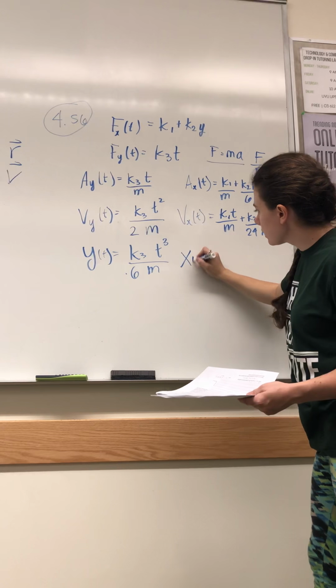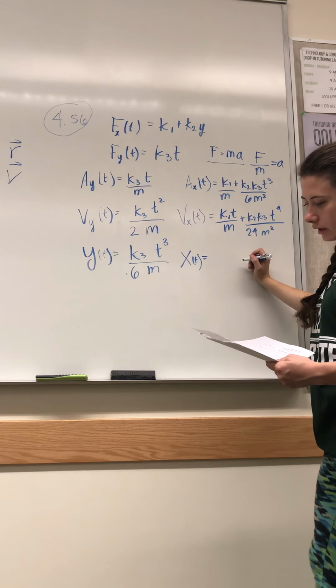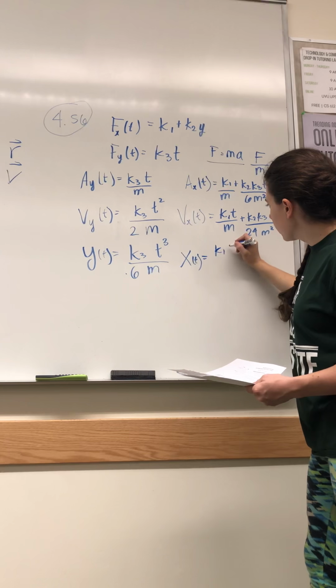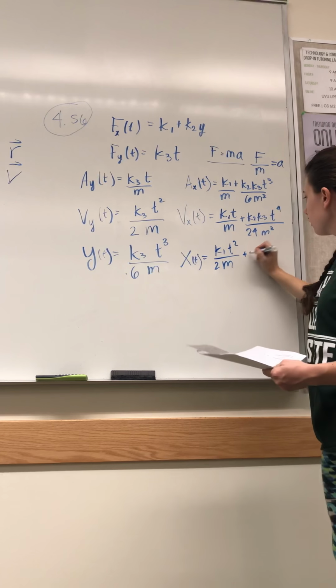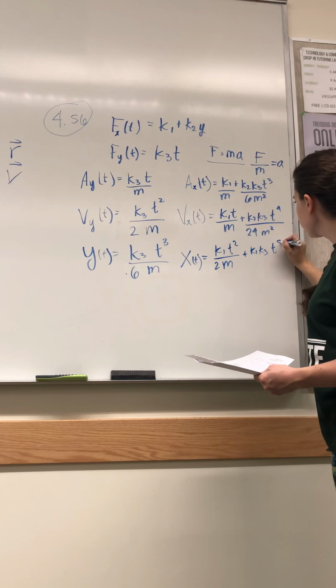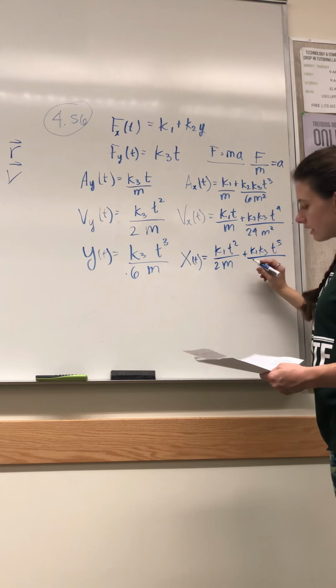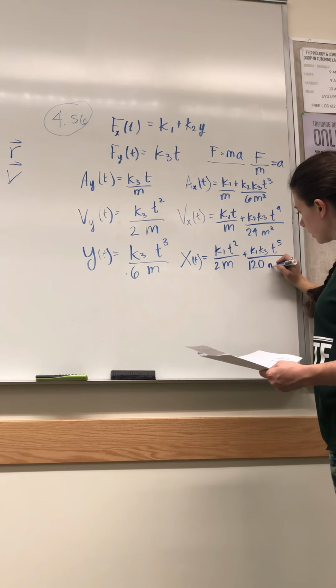And now for the x with respect to t, we get k1 t squared over 2m plus k2 k3 t to the 5th over, so 5 times 24 is 120 m squared.